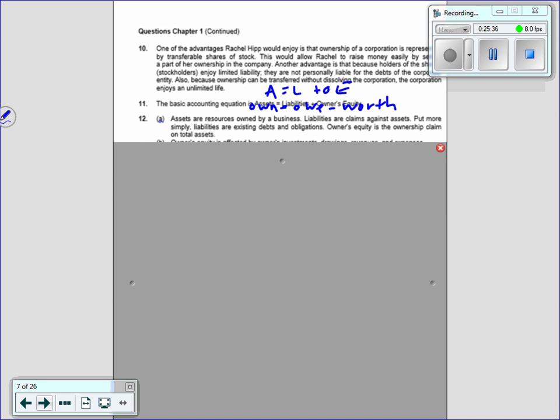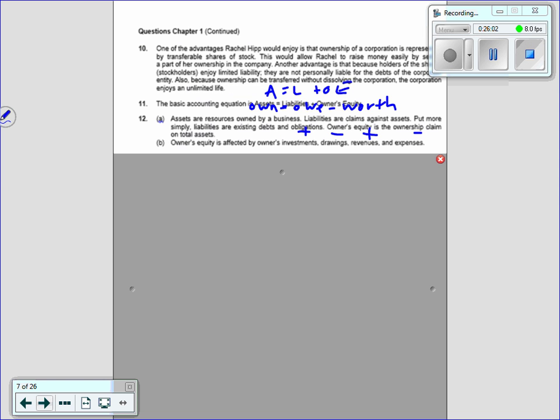Owner's equity is residual equity, in other words what's left when we compare what we own versus what we owe. And part B, the players of the expanded accounting equation: plus investments, minus drawing, plus revenue, minus expenses.